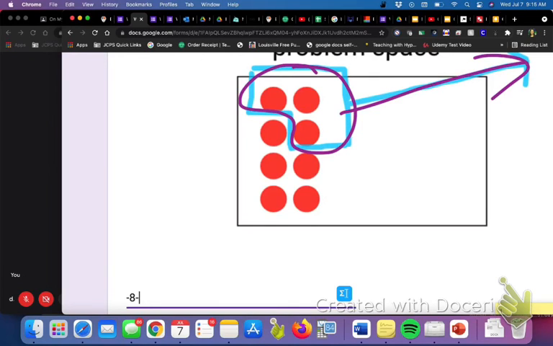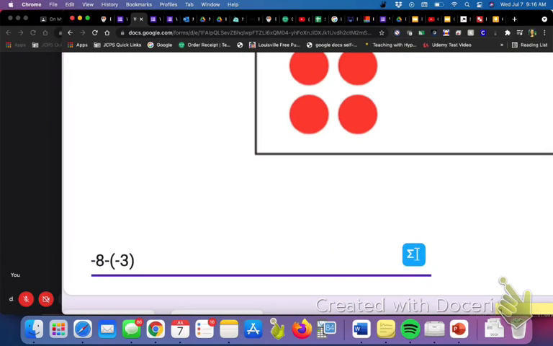The arrow tells us we're taking them out of there. So we're taking away 1, 2, 3 negatives. And remember, put the parentheses around there to keep it nice and lined up.